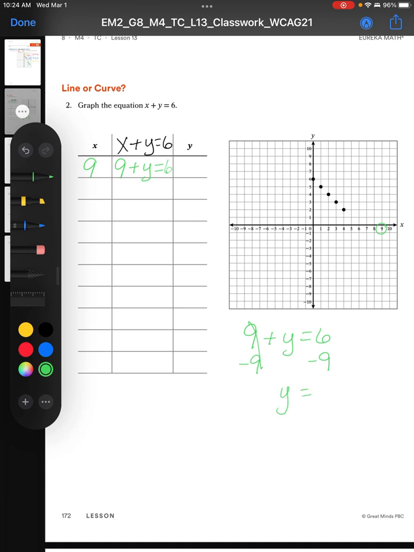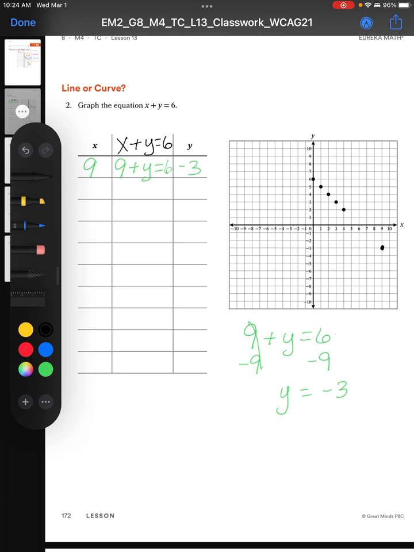I'm left with y equals 6 minus 9, which is negative 3. So now I can actually add that point into my graph. So my point is (9, -3). So over 9, down 3, and I can add that point right onto the graph.